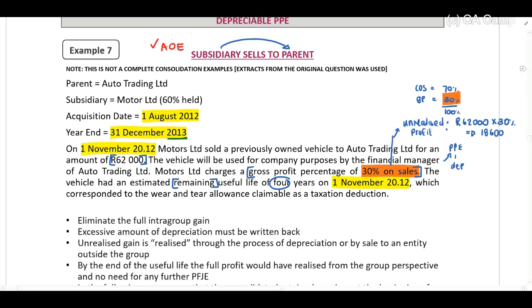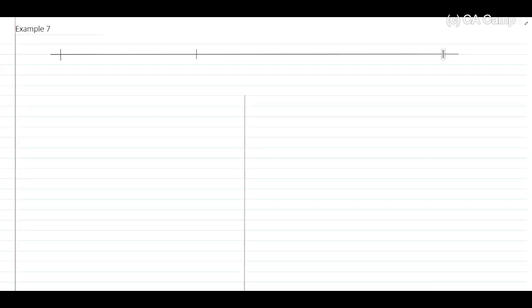Now, guys, I've included a timeline to ensure that I always understand the information provided. First, we've identified that we have purchased this asset on 1 November 2012, and this is the subsidiary that sold to the parent.